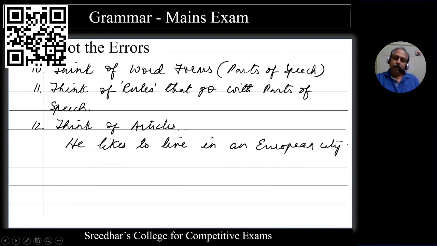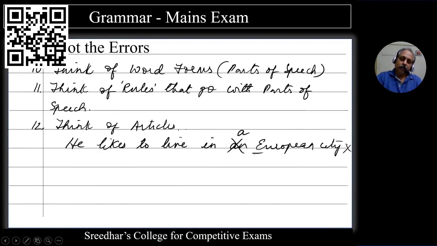This is not correct. The first letter is a vowel letter, but it has a consonantal sound, U, ya sound. Then we cannot say an European city. He likes to live in a European city. Based on rules that go with articles, you have to decide.